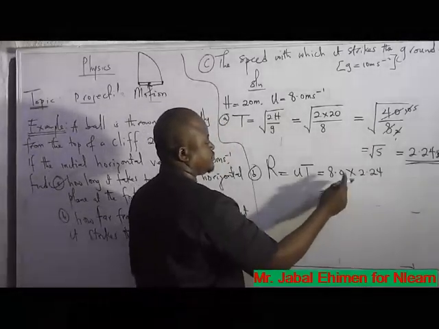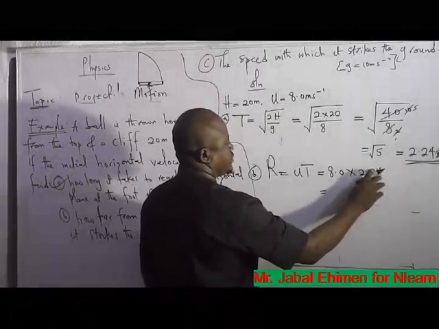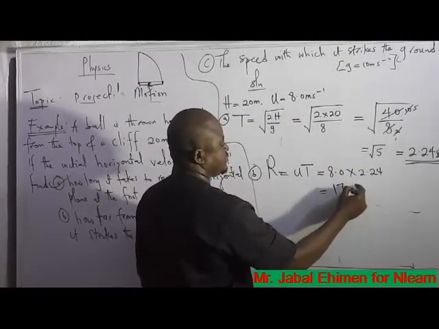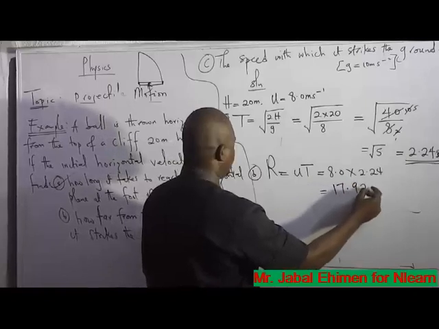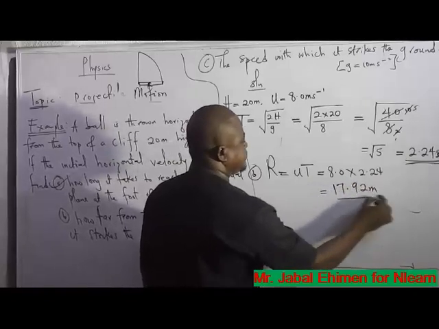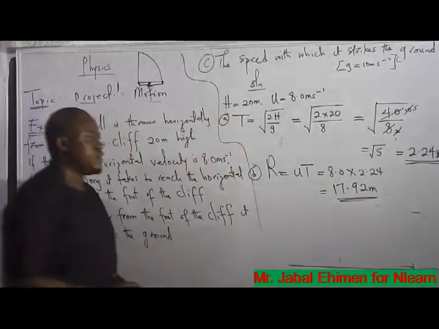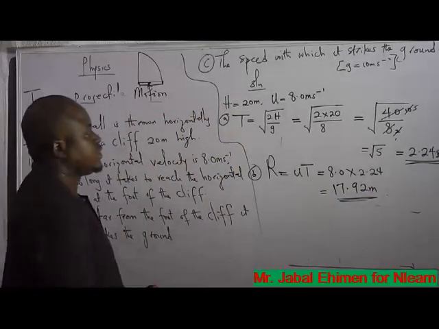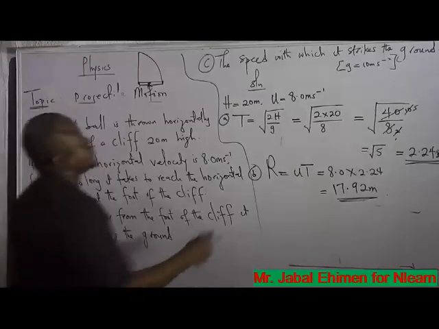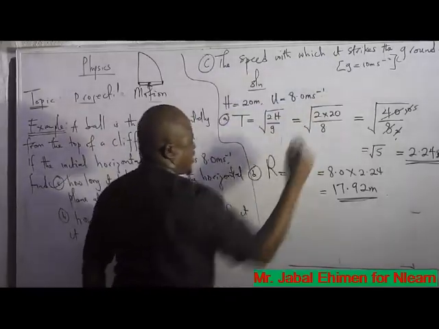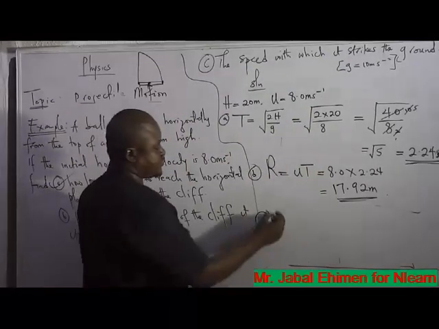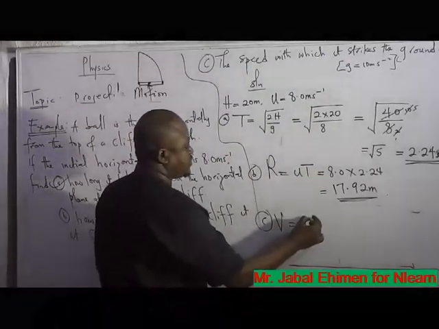Multiplying this, that should be 17.92 meters. Now, the last but not the least is the speed with which it strikes the ground. That is C. The speed with which it strikes the ground is v, and it's equal to gt.